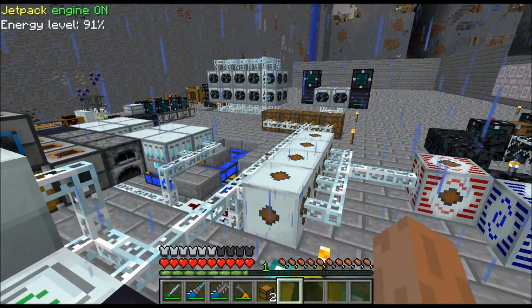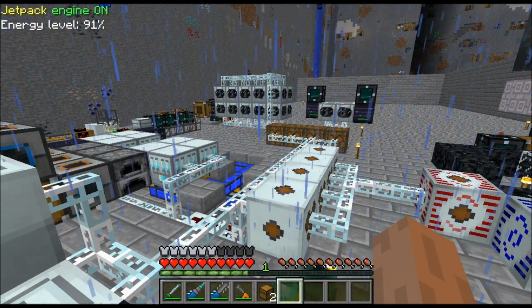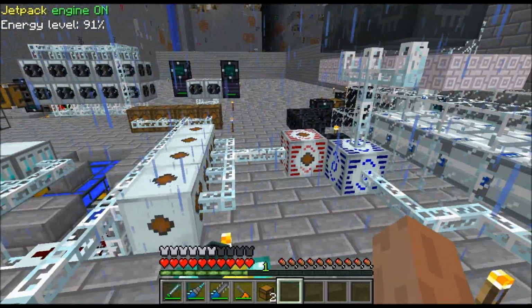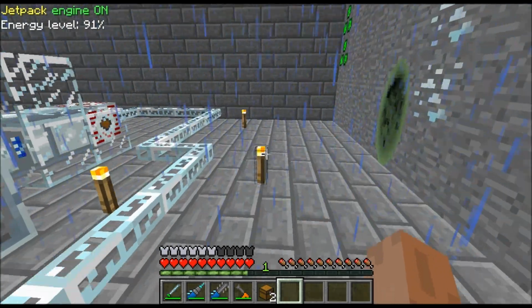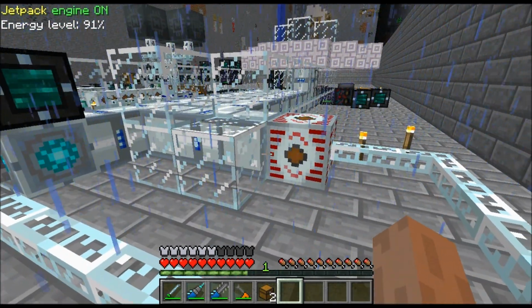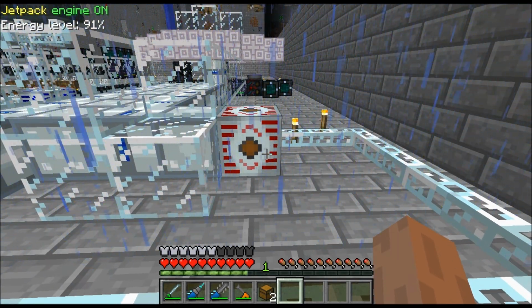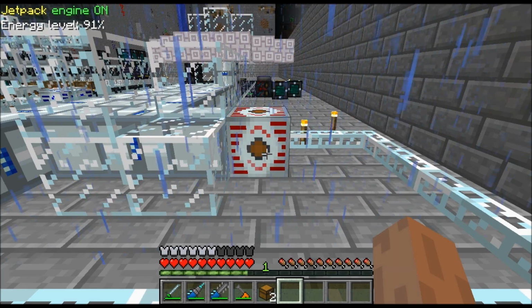So it takes some of the output of the fusion reactor and uses it to run all of its fuel production. So over here, I have an additional supercondensator running through a high voltage transformer.